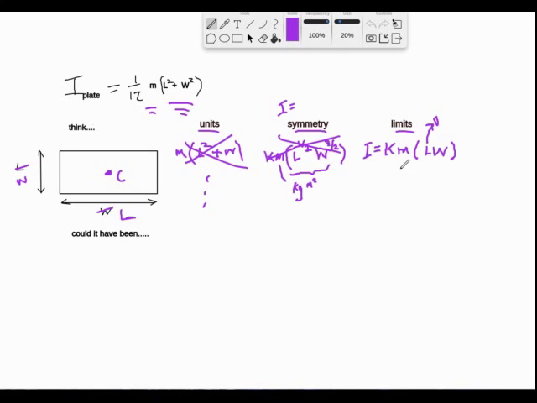And we know that's wrong, because if the length goes to 0, this basically becomes the shape of a thin rod. And for a thin rod the correct formula for the moment of inertia is 1/12 mass times the length squared.